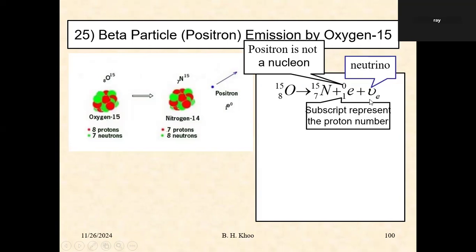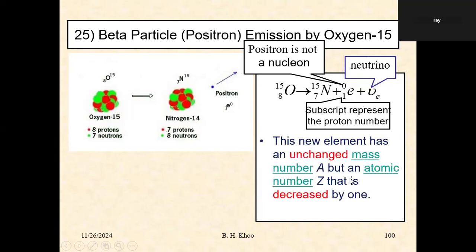This is your electron neutrino. This new element has an unchanged mass number. A is constant. Mass number is constant. But atomic number Z is decreased by 1. You can see there, from 8 goes to 7. So Z decreases by 1.